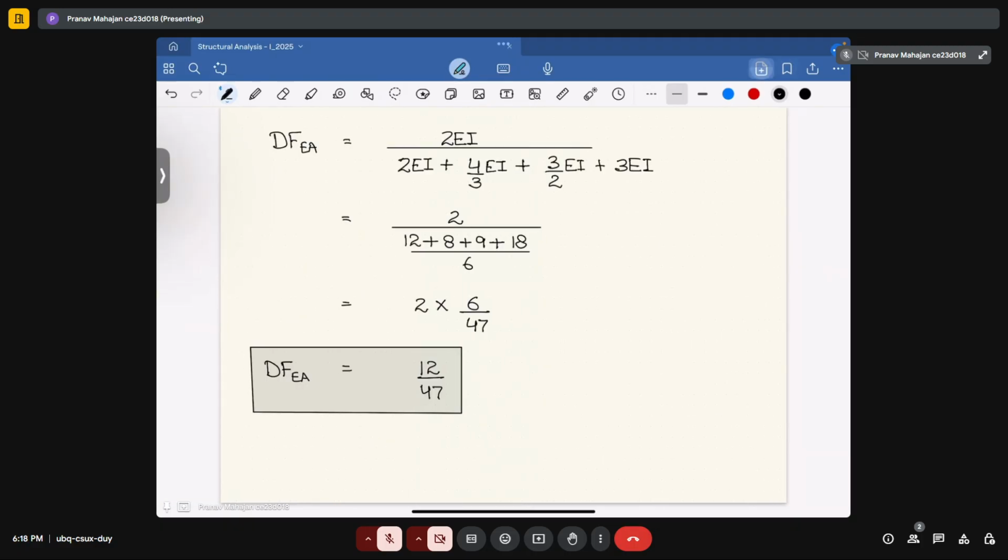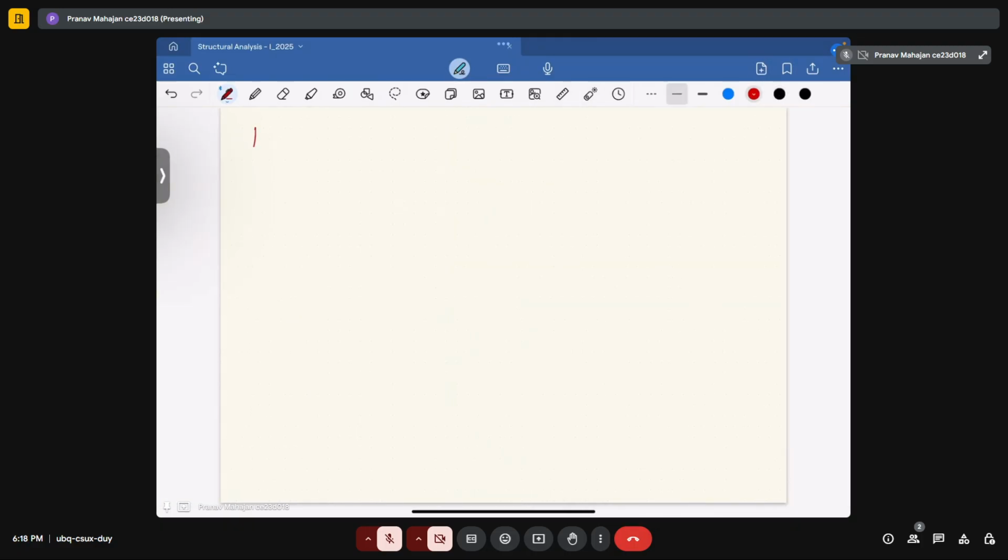So for span ED, your DF for ED will be equal to K of ED divided by K of ED plus K of EA plus K of EB plus K of EC. If you solve it, what you will get?